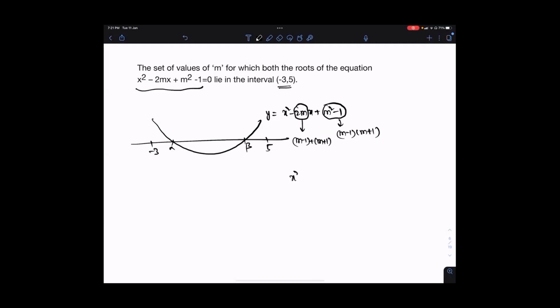So this expression is of the form x square minus of alpha plus beta into x plus alpha beta, which is nothing but x minus alpha into x minus beta. If you equate it to 0, the roots will be alpha and beta. So indirectly, they have already given the roots. The roots of this one are m minus 1, comma m plus 1.